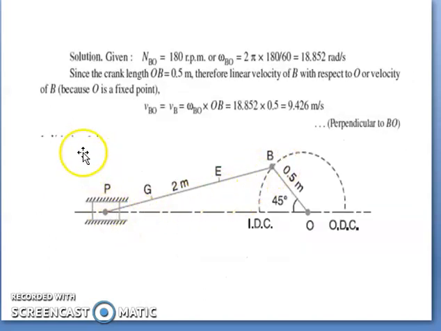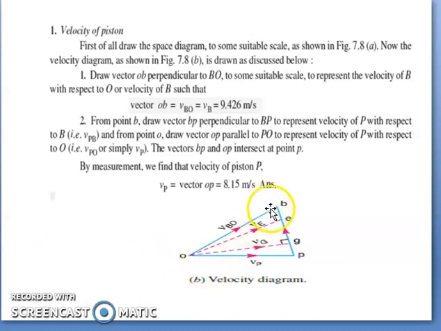In the space diagram, we draw a perpendicular to PB, find the angle it makes with the horizontal, and mark that angle here.